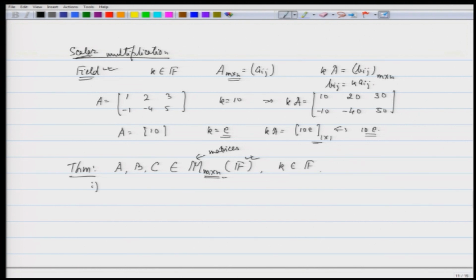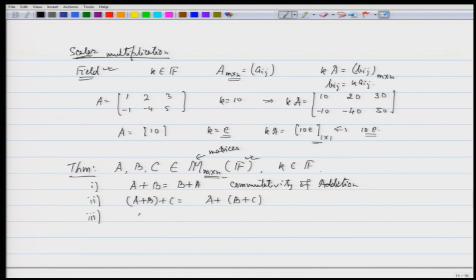1, you can check, A plus B is same as B plus A, commutativity of addition. 2, associativity holds. So, A plus B plus C is same as A plus B plus C, that is, I can add them in whatever order I want. All right.